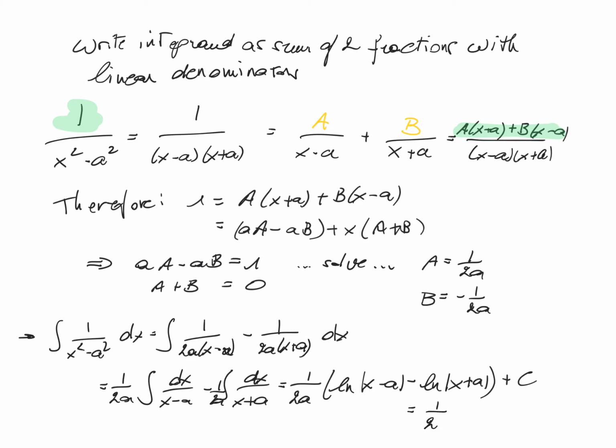So this is 1 over 2a ln of x minus a divided by x plus a plus a constant. This method of writing a fraction as the sum of simpler fractions is called the method of partial fractions.